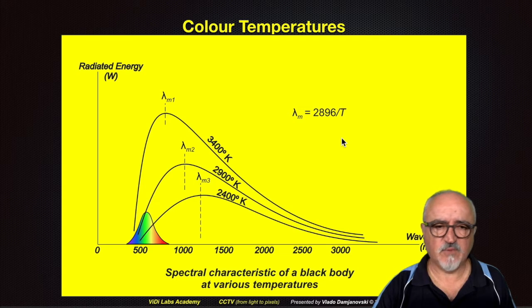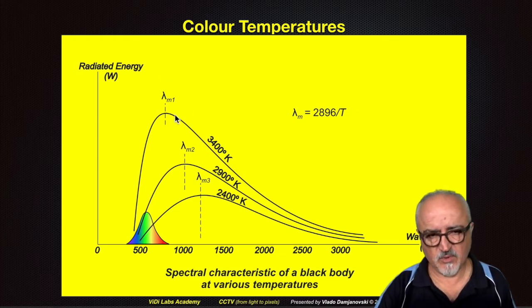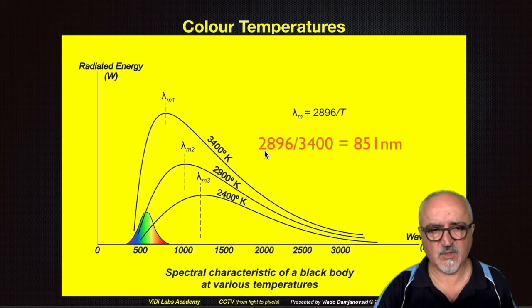So that means if we have a body that is heated up to 3400 Kelvin degrees, imagine a very hot lava, perhaps, the peak wavelength at which this heated body radiates is lambda max equals 2896 divided by 3400. And that will give you the wavelength in nanometers of that particular body.